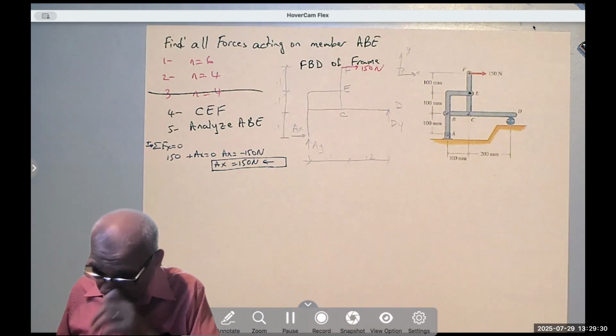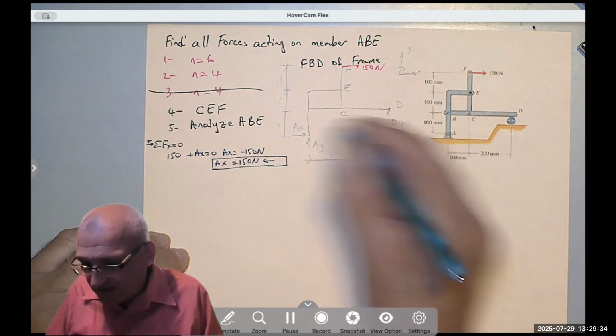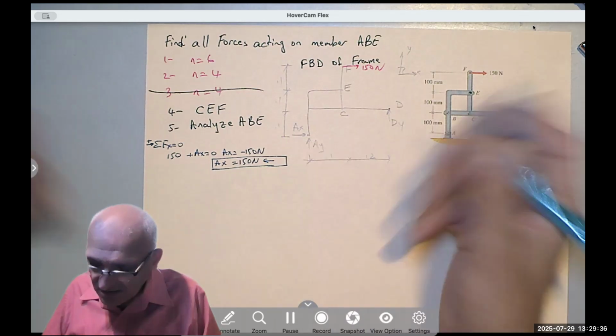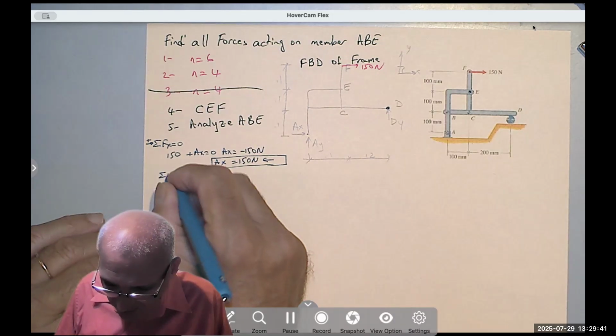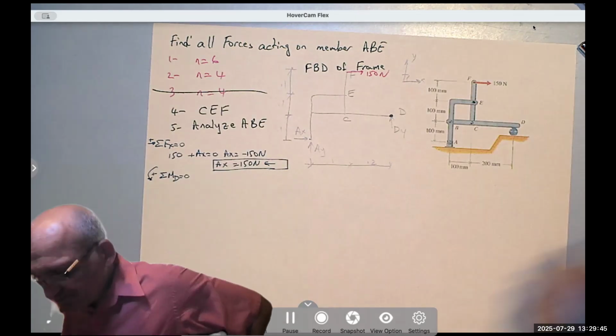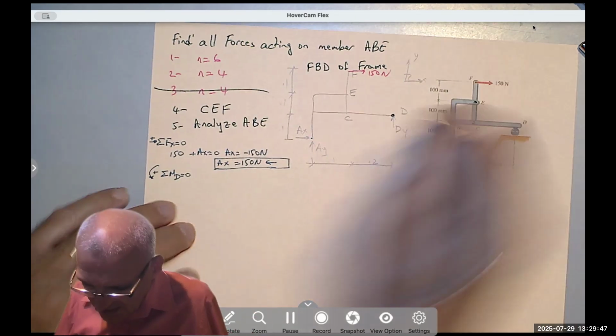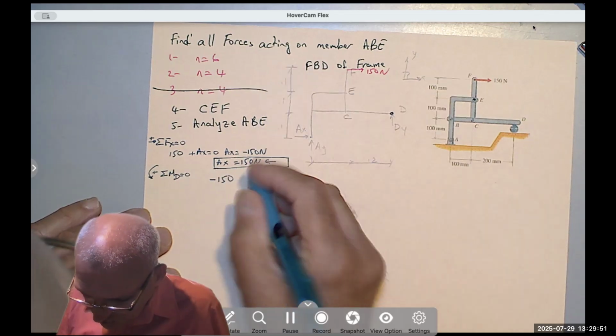Okay. Now I can take the moment about point D or even about point A, find DY and then find AY. It's the same thing. Taking the moment, summation of the moment about D equals 0, counterclockwise is positive. This one is going clockwise, so negative 150 times 0.2.